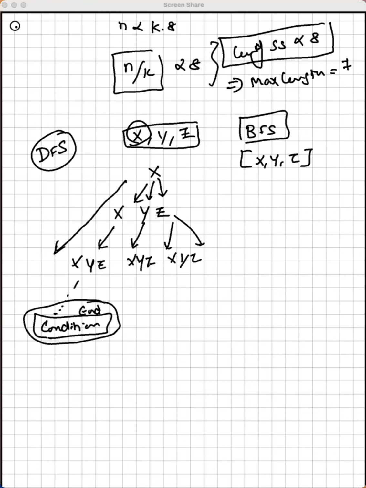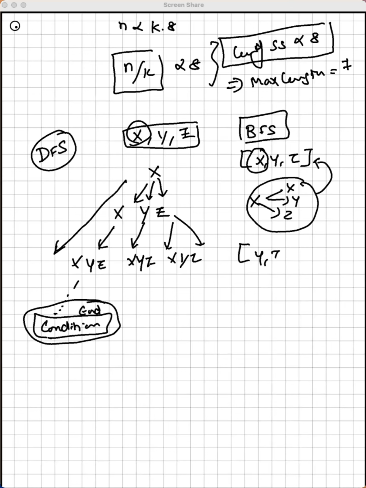And this is a level order, which means you will generate all the subsequences of length 1, and then you will move to all the subsequences of length 2, and then all the subsequences of length 3. So in this case, you'll pop the leftmost element from the queue, and then you again apply x, y, and z to it, and then you push it back to the queue.